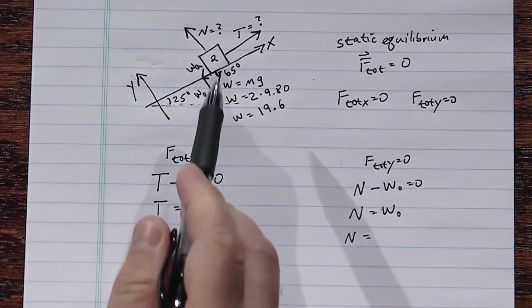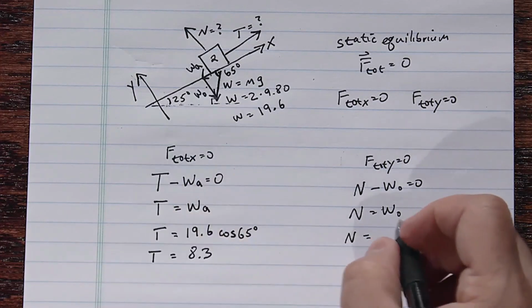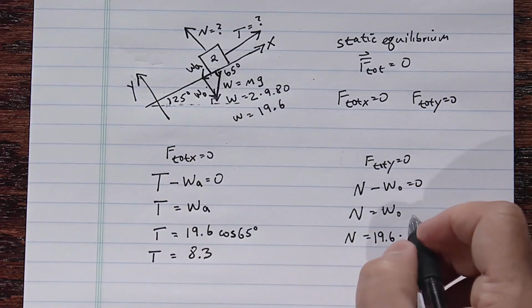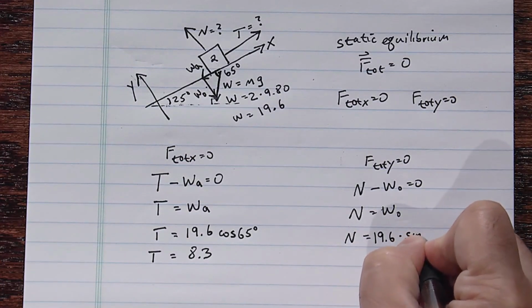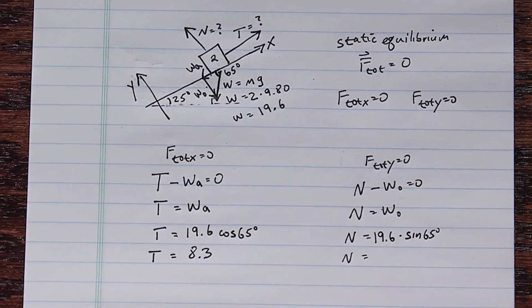This is weight opposite, it's equal to the hypotenuse of 19.6 newtons times the sine of 65 degrees. So the normal force that the ramp exerts on the box is 19.6 times sine of 65, which would be 17.8 newtons.